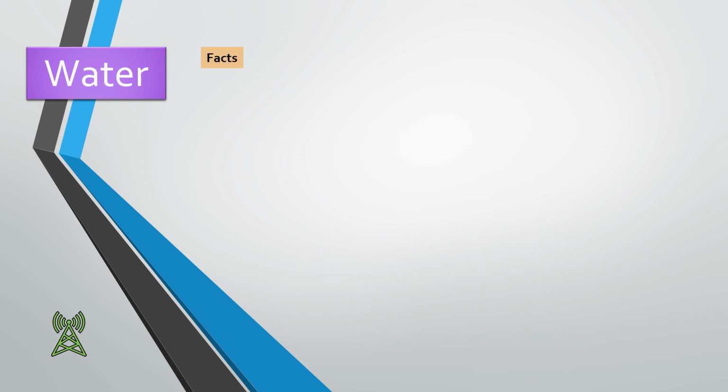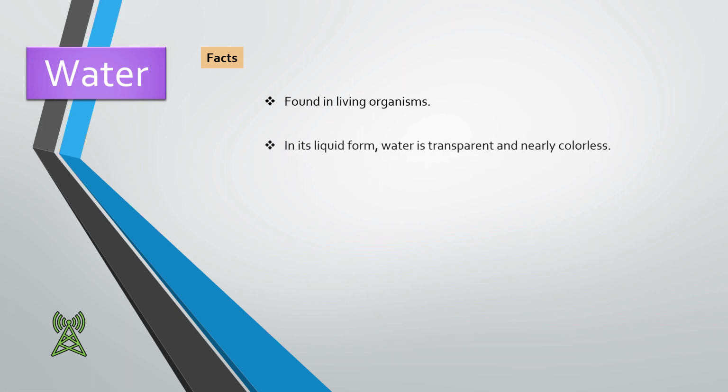Let's go to the next topic, and certain facts about this. You may have studied all these things before. Found in all living organisms, most of our body is also water, because a cell contains 75% or more water, and it is transparent and nearly colorless in the liquid form.